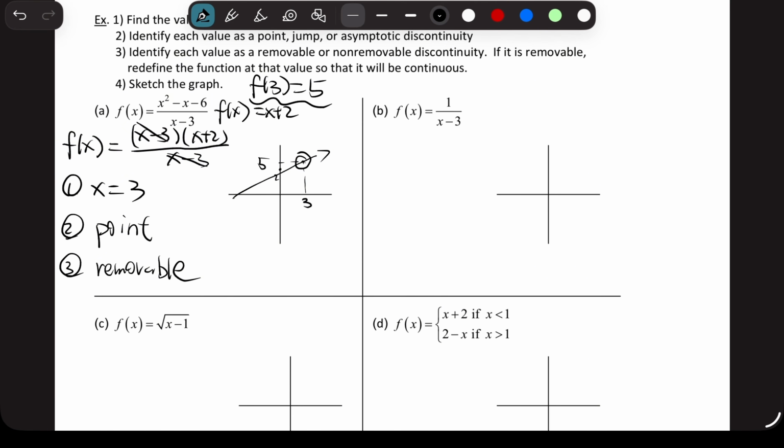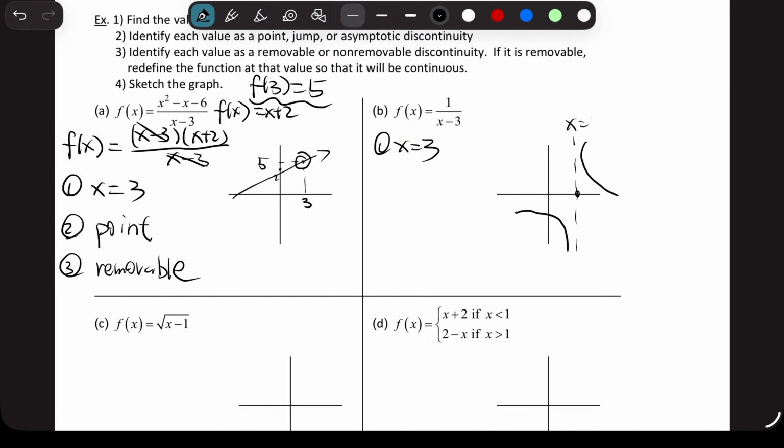What about b? First of all, the function is undefined at x equals 3, right? And we can easily tell that at x equals 3 there's a vertical asymptote because it's an inverse function that looks like this. You should be very familiar with this type of function.